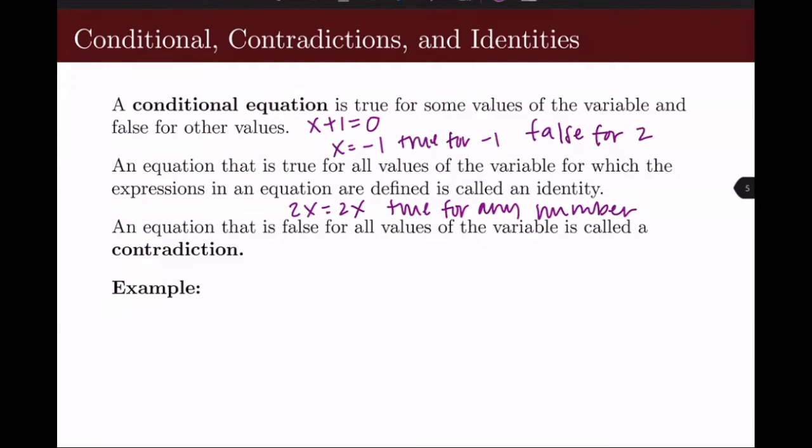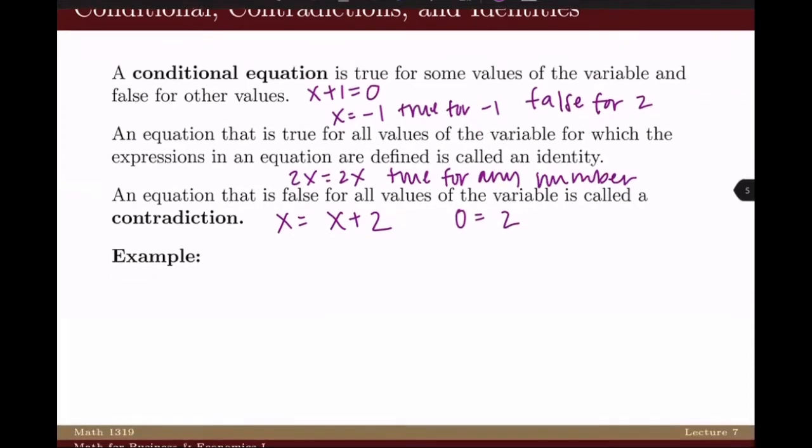And that would be if you had something that said like x equals x plus 2. That's false for all numbers. Or if you end up with 0 equals 2. Right? That's a false statement.